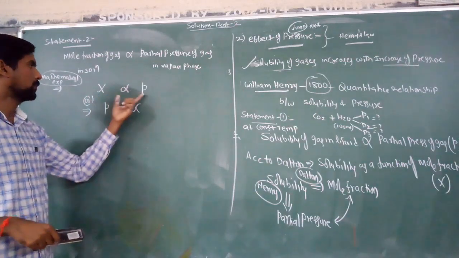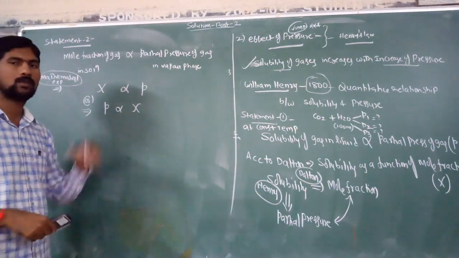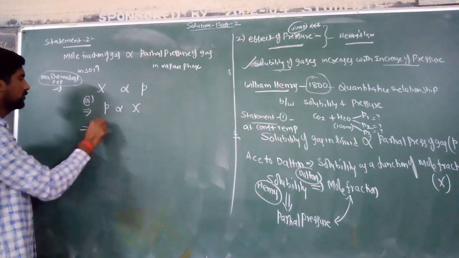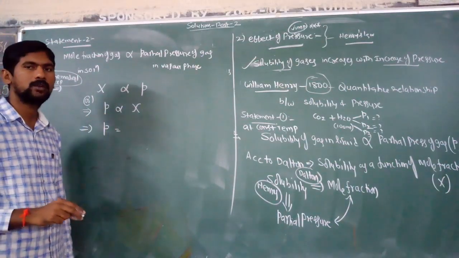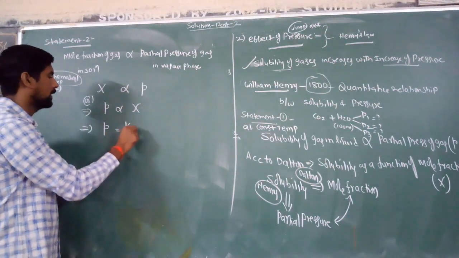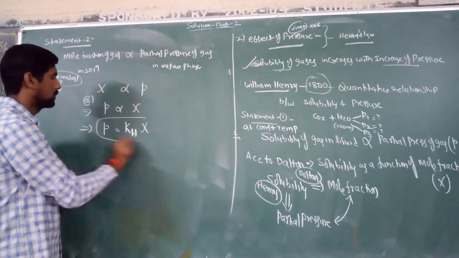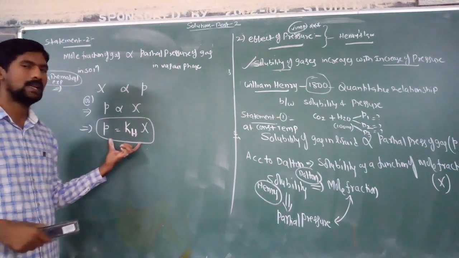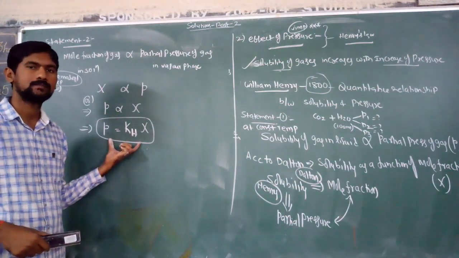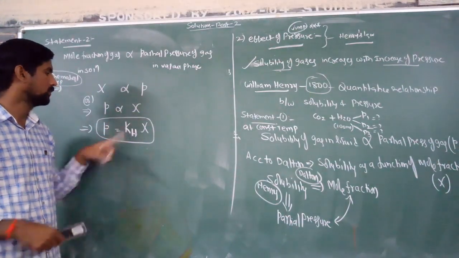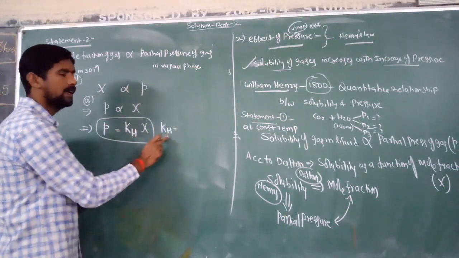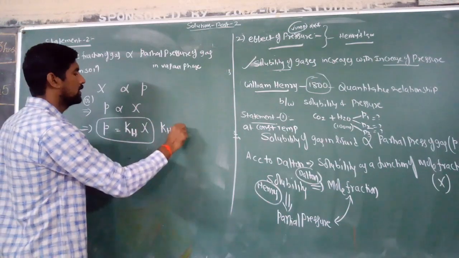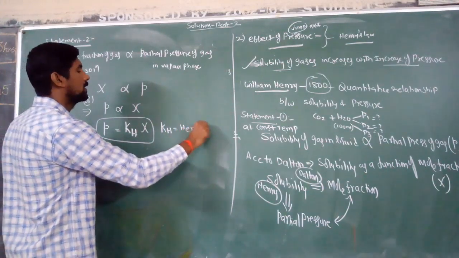If we remove the proportionality, we can introduce a constant called KH. This is the mathematical expression of Henry's law. What is KH? It is the proportionality constant, called Henry's law constant.